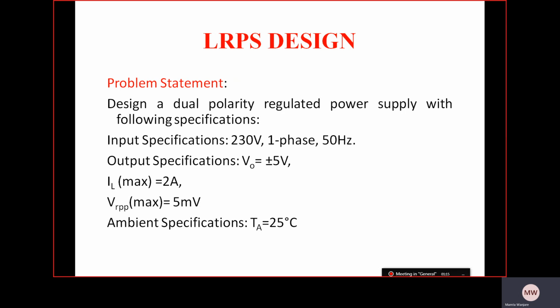Output specification: output voltage equal to ±5 volt, load current equal to 2 ampere, maximum ripple voltage equal to 5 millivolt, ambient temperature 25 degrees Celsius. From that we have to design the linear regulated power supply.